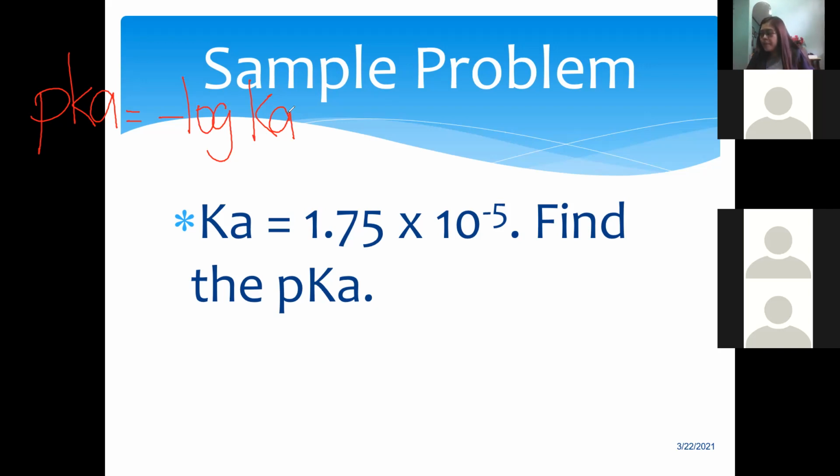So another sample problem, Ka is equal to 1.75 times 10 raised to the power of negative 5. So find the pKa. Again, find the pKa. Sige, you try to compute since this is the same with that of the pH and the POH.